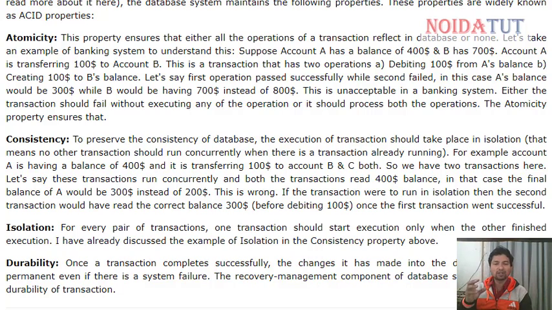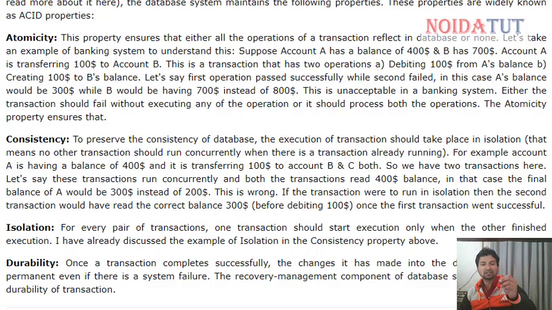account A is having a balance of 400 and is transferring $100 to account B and C both. So we have two transactions here. Now let us say these transactions run concurrently and both the transactions read $400.